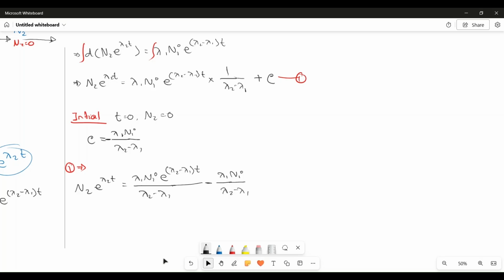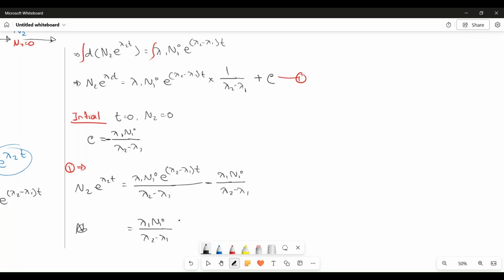Okay, so if we just reshuffle it, we can write that N2 equals... so this will basically become, we can take lambda 1 and N naught as common.